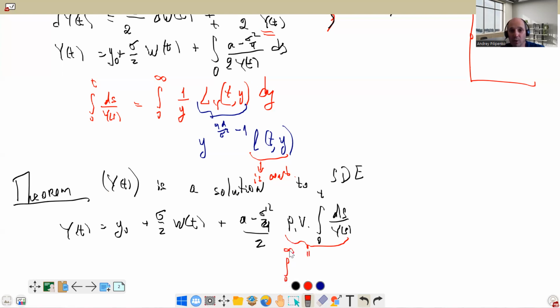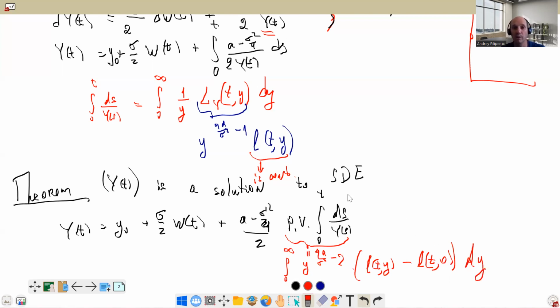Integral from 0 to infinity y to the power 4a over sigma squared minus 2. So this y divided by this y times L(t,y), but we have to subtract L(t,0), the local time at 0, dy.